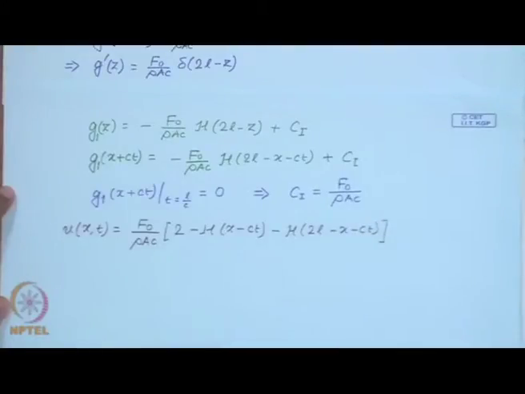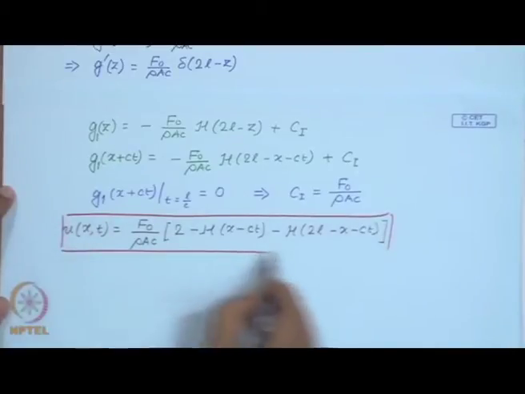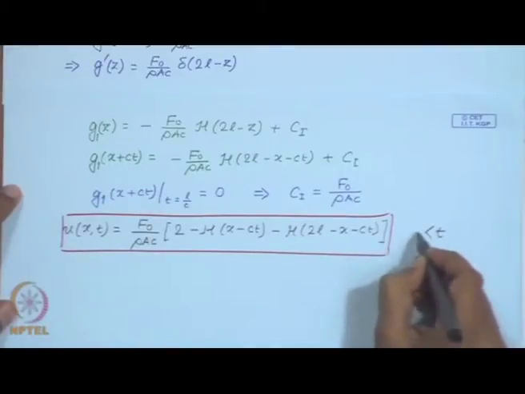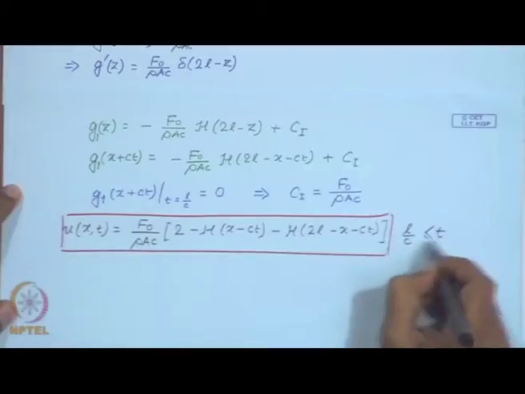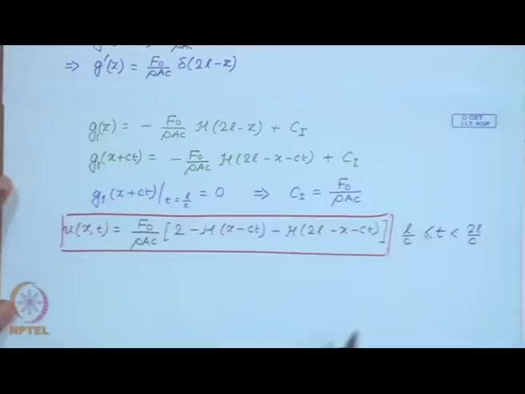So, this is the solution after the wave has reflected once from the right boundary, and this solution is valid in the time interval L over c to 2 L over c.